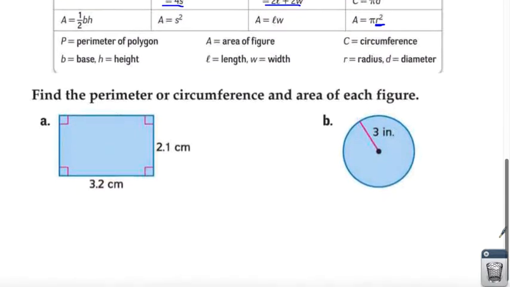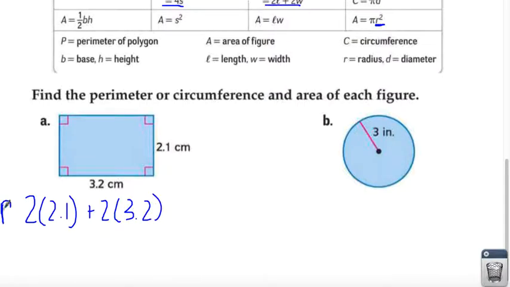So find the perimeter or circumference and area of each figure. So the perimeter of this rectangle here is going to be 2 times 2.1 plus 2 times 3.2. This is the perimeter.